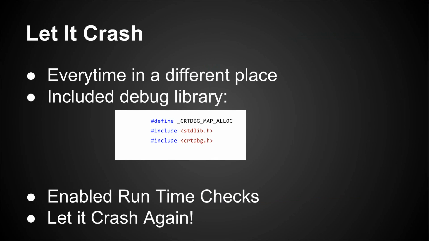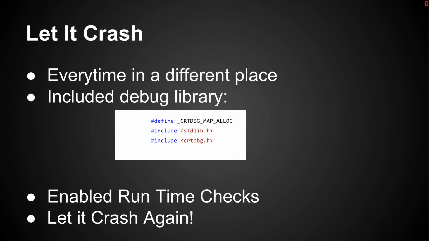So again, we had the problem where every single time I ran the program, I was getting the crashes happening in different places, always whenever memory was trying to be allocated. So because I know I'm working with a memory leak, I decide to include a library that is good for finding memory leaks. It is the CRT debug library, or C runtime debug.